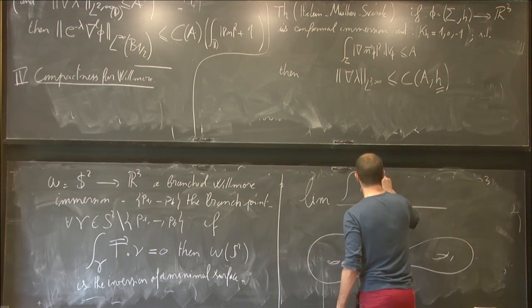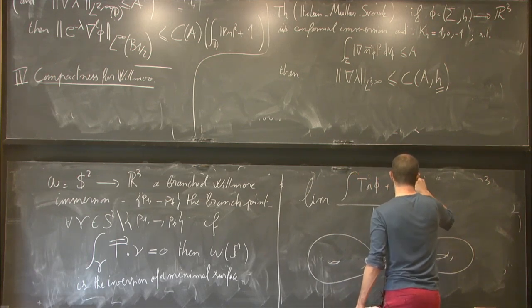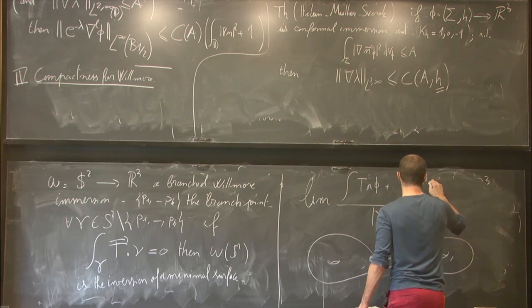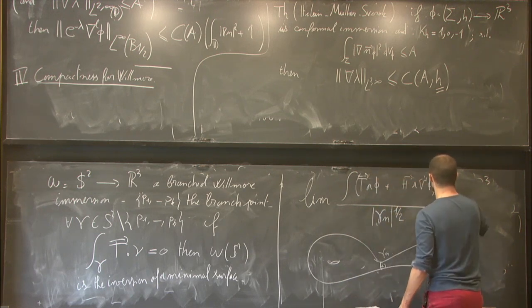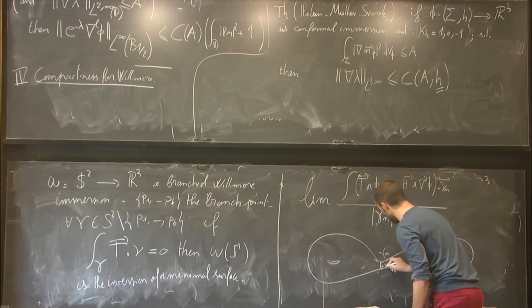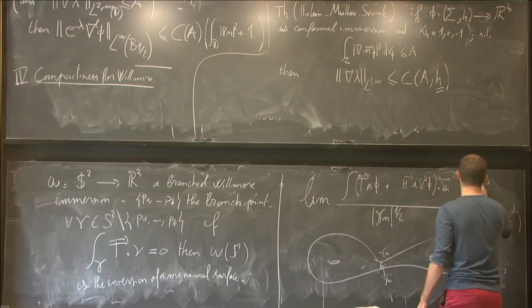T wedge phi plus H blah blah blah phi. So this takes a vector and nu. It's nu here, the normal. So the condition is this goes to 0.